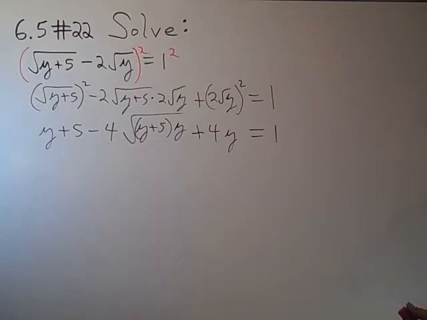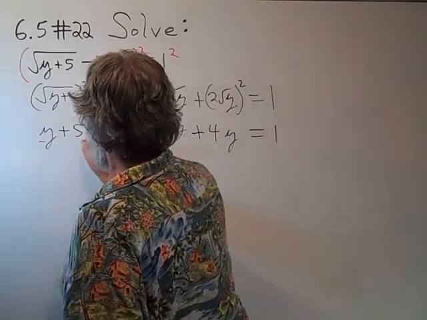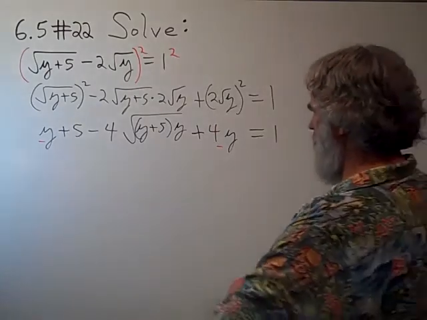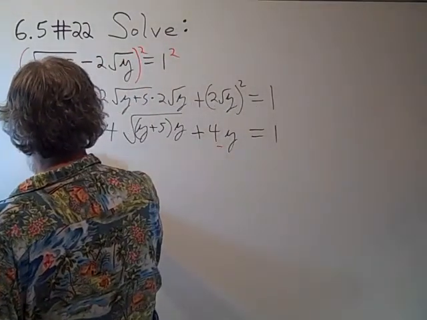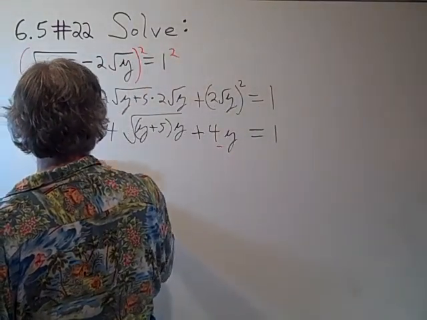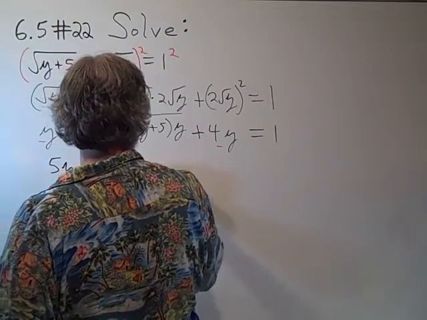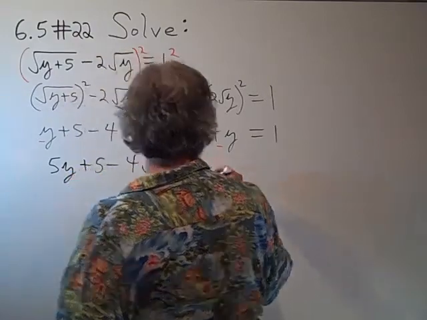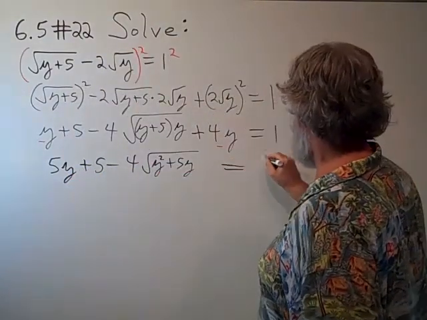So, combining like terms here, y plus 4y adds up to 5y. So we have 5y plus 5 minus 4 radical y squared plus 5y is equal to 1.